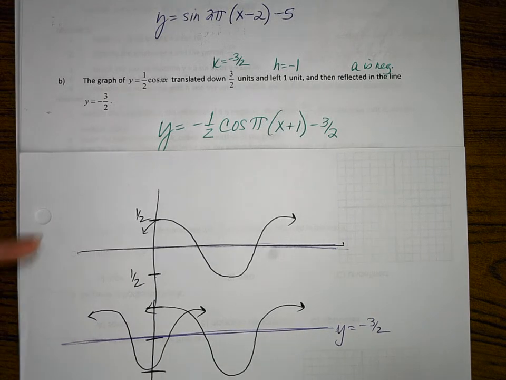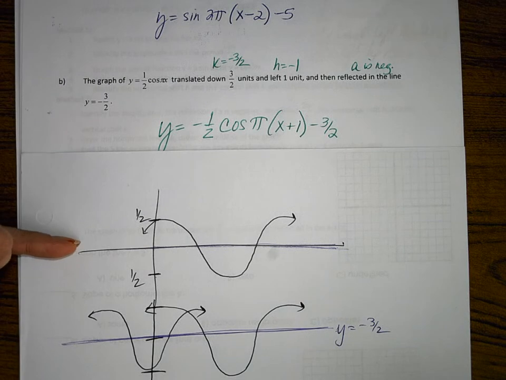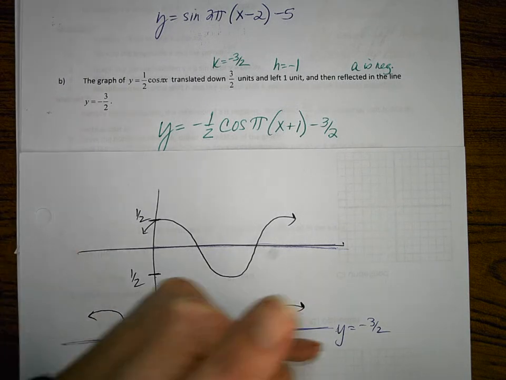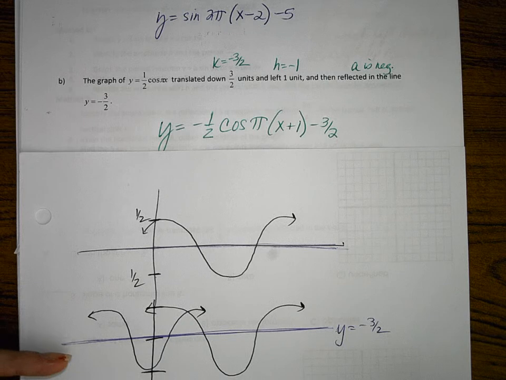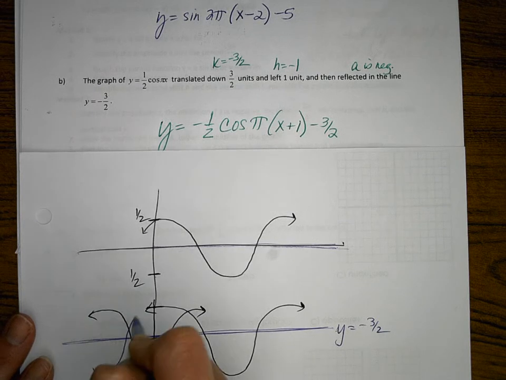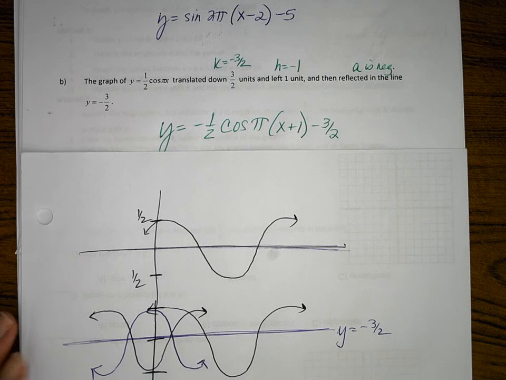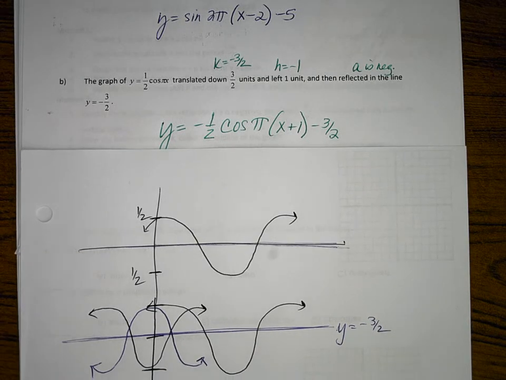Normally, the line that cuts through our parent function is the x-axis, y equals 0. But when we shift it down, now it's y equals negative 3/2 that cuts that cosine graph in half. So they flip over that line. So that means that instead it's going to look like this. Little bit different order than I do it in. I do my flip first because I like to reflect over the x-axis. We make fewer mistakes. They did it at the end. There's nothing wrong with that.